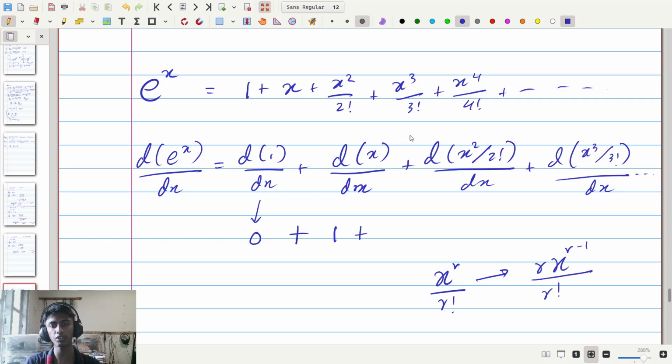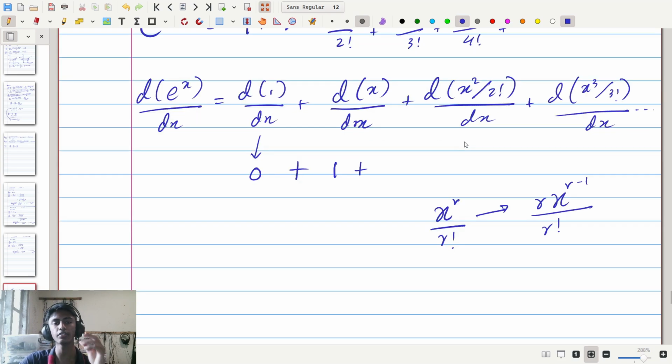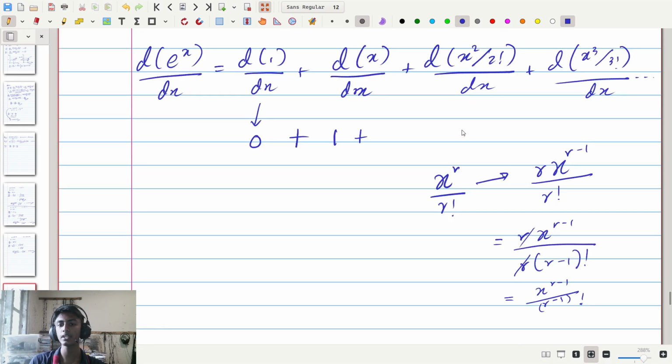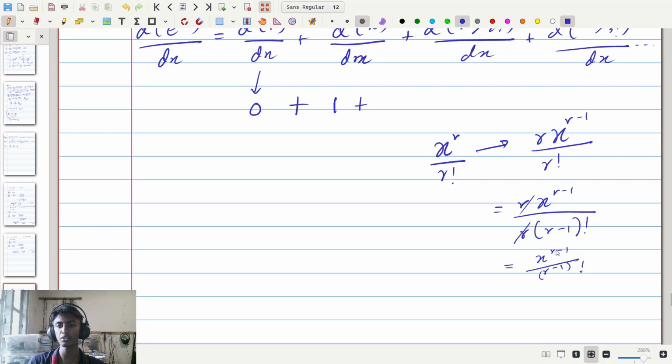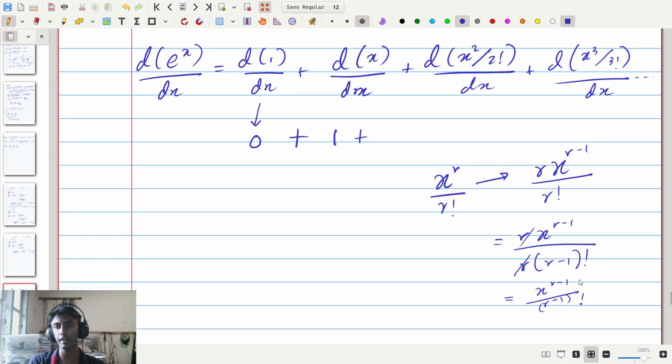Now here I'm going to consider r factorial: since r factorial is r times r minus 1 times r minus 2 all the way down to 2 and 1, we can write r factorial as r times r minus 1 factorial. Now cancelling out these two r's, we are left with x to the power of r minus 1 divided by r minus 1 factorial. Now here we can see what we get is x to the power of r minus 1 divided by r minus 1 factorial.